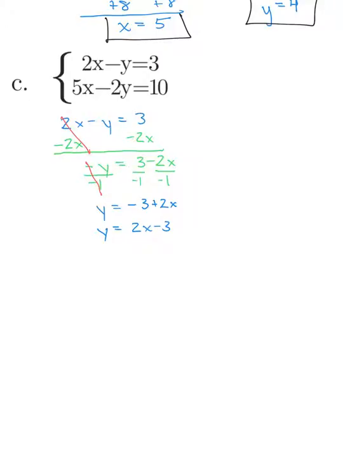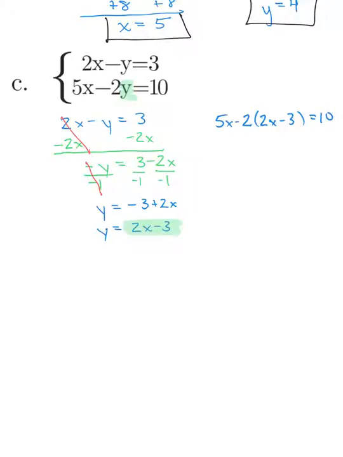My next step is I want to take the 2x minus 3 and plug it in for y into my other equation. So if we do this, we get 5x minus 2 times 2x minus 3 equals 10.